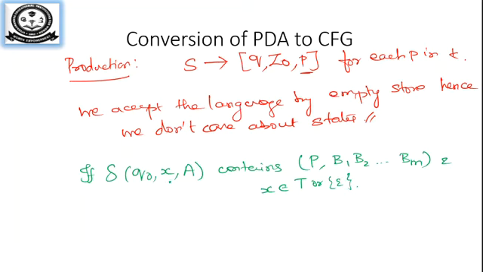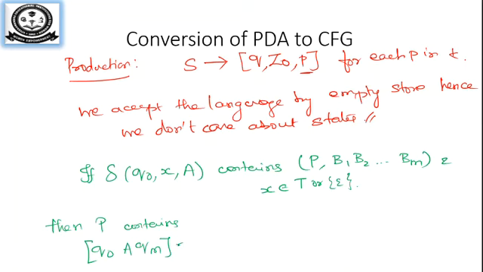So X can be either a terminal or an epsilon. Then the production will be written in the form Q naught, A, some QM. I don't know what state it is, so we'll write it in this fashion.